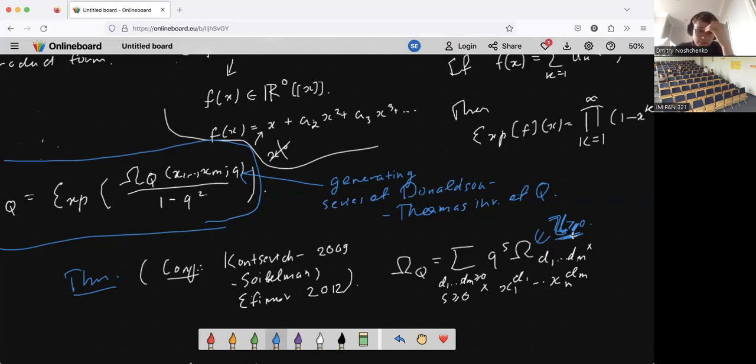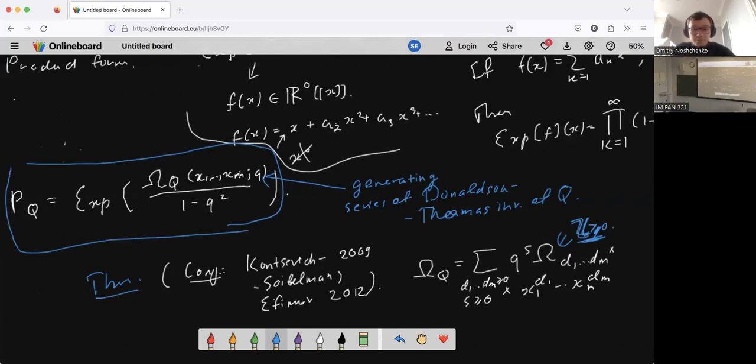And this is very important because in physics, these numbers also obtain an interpretation as a count of BPS states in gauge theories, and these numbers also have a very important interpretation when we speak about knot invariants. So there are many different connections to different topics.